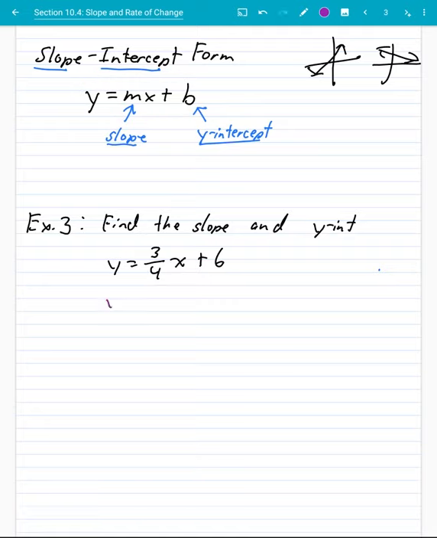Oh, look at that. Y equals mx plus b. This one's a 6, not a b. So we can see that, oh, there's our m, there's our b. Our b represents our y-intercept. Remember that y-intercepts are always going to be 0 comma some y value, whatever that value is.